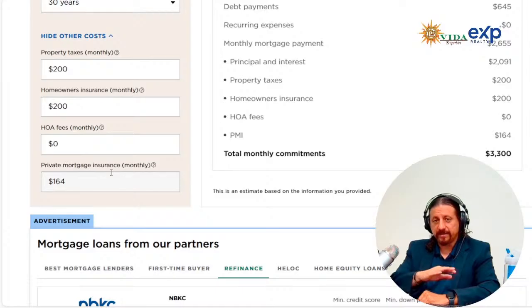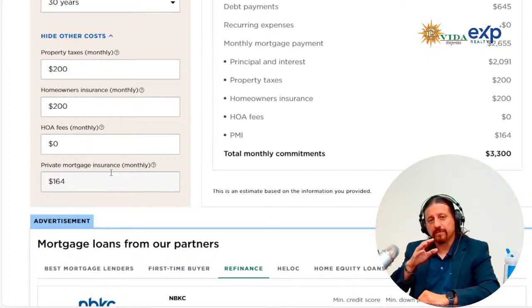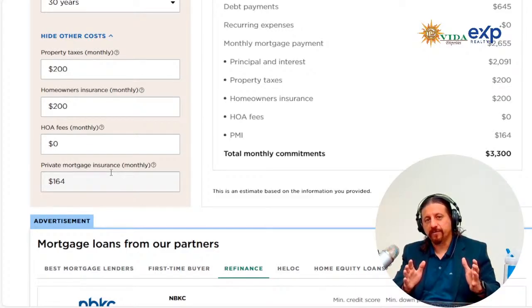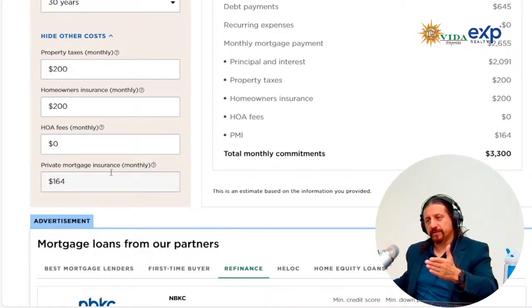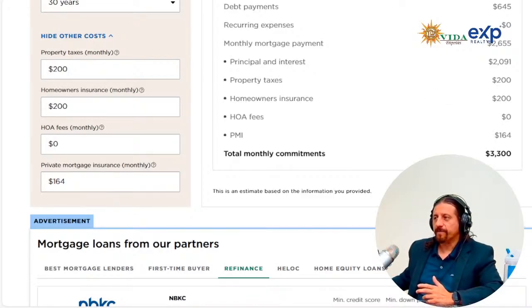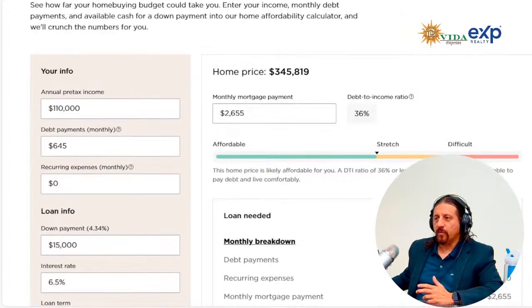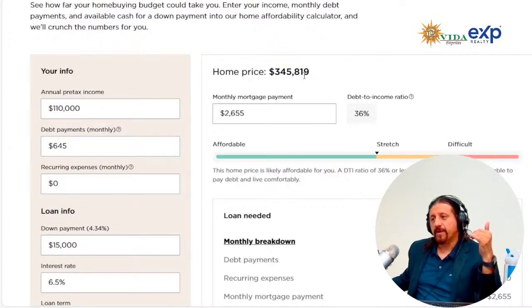And then again, the PMI, the mortgage insurance, I'm using the FHA rate because if you look at the conventional side, that's going to be based on your credit. On the FHA, it's 0.55% of the total loan amount calculated over 1 year. So if we divide it by 12, then it's 164 in this case. And what NerdWallet is saying is that without having any personal expenses and just using this information, you should be able to afford a home at $345,000.